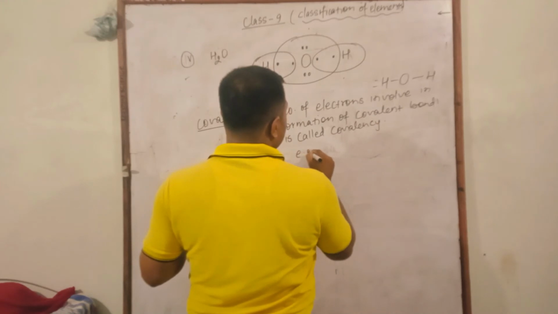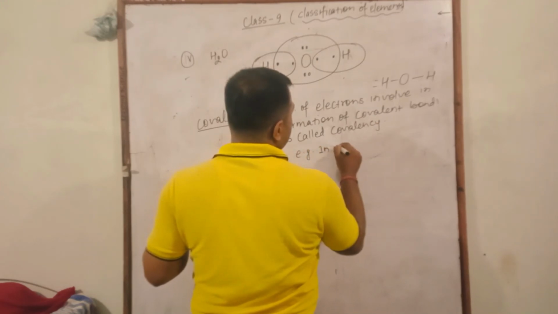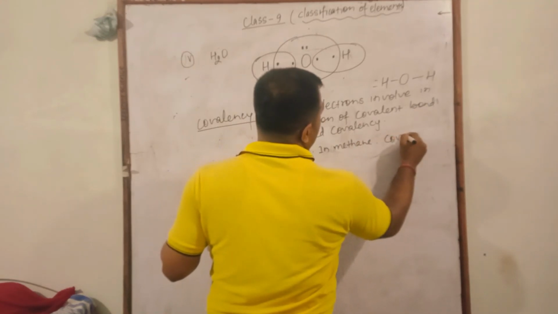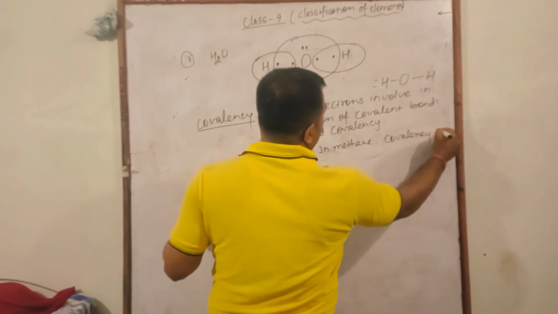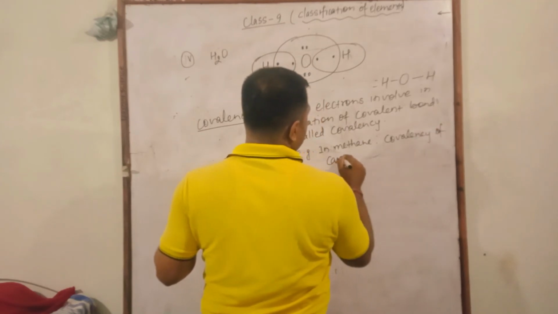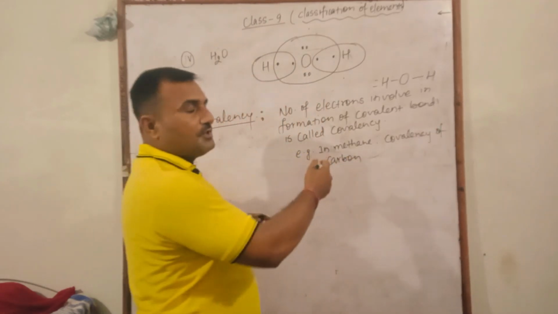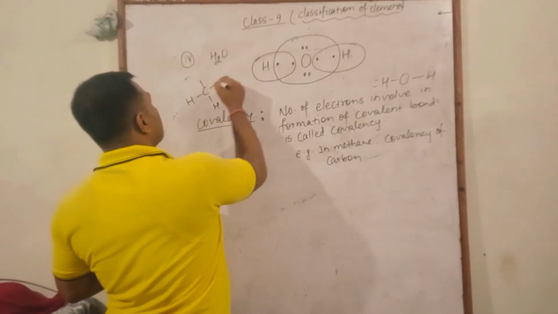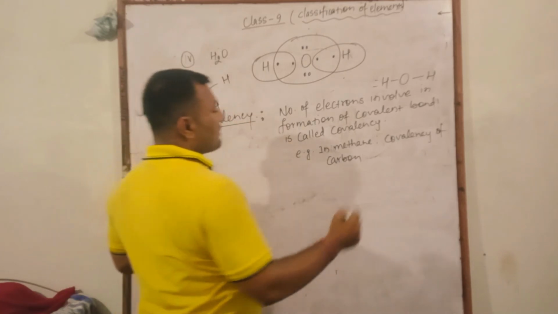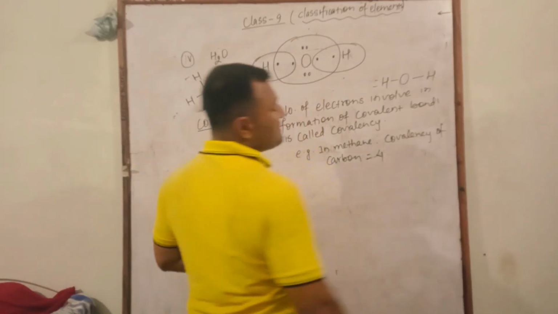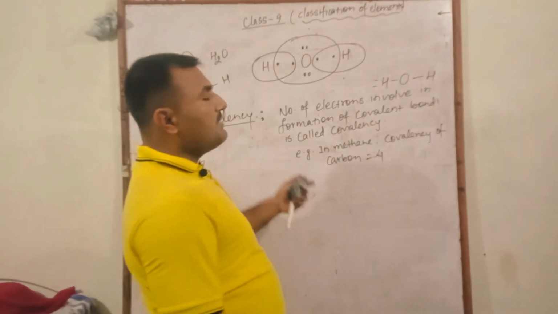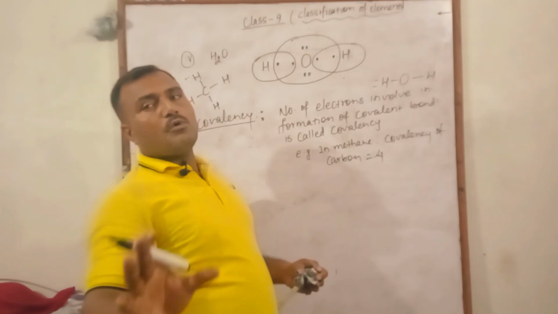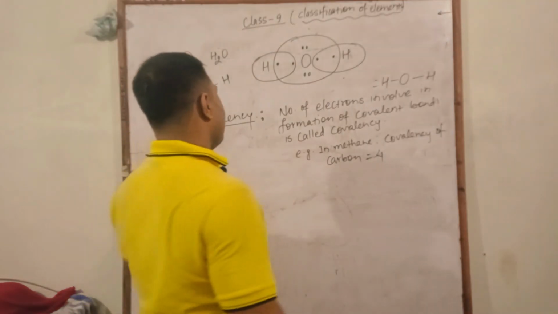As for example, in methane, the covalency of carbon is, here we draw that carbon forms bonds and shares 4 electrons, so the covalency of carbon is 4. And in this way, the number of electrons shared by an atom in covalent bond formation is called covalency.